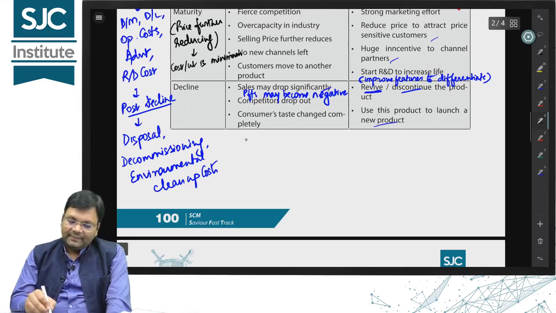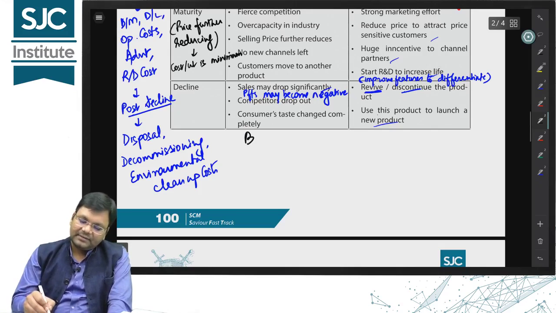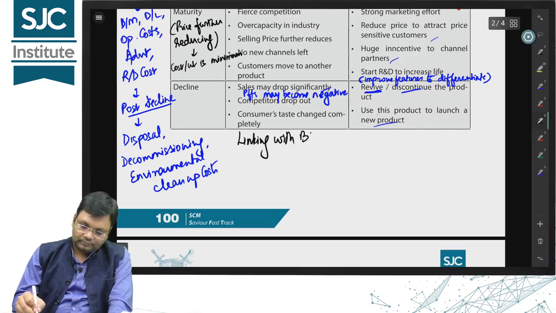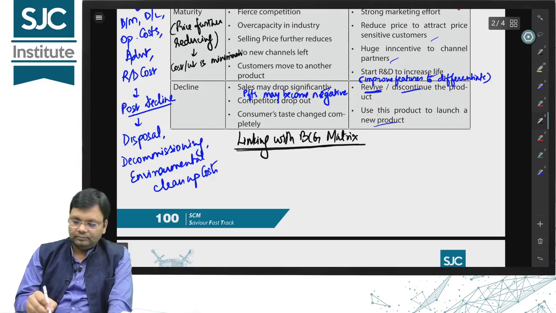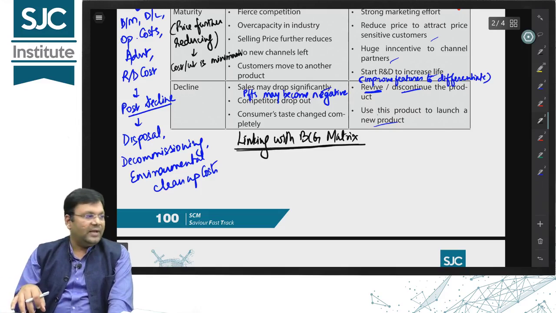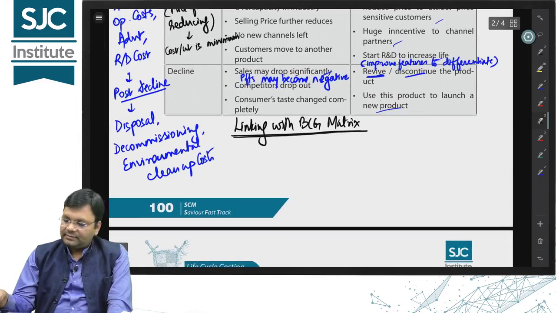Another new concept here is, you remember the BCG matrix? So we have linking with the BCG matrix.